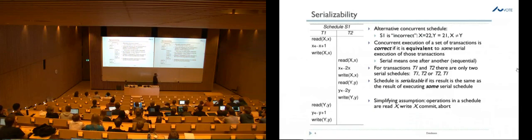So we don't like it. It doesn't look as if they were done sequentially. To be serializable, it means that it should be equivalent to either doing T1 first followed by T2 or vice versa. So that's what we are concerned about. We would like to avoid concurrent executions like this one, which are not serializable.